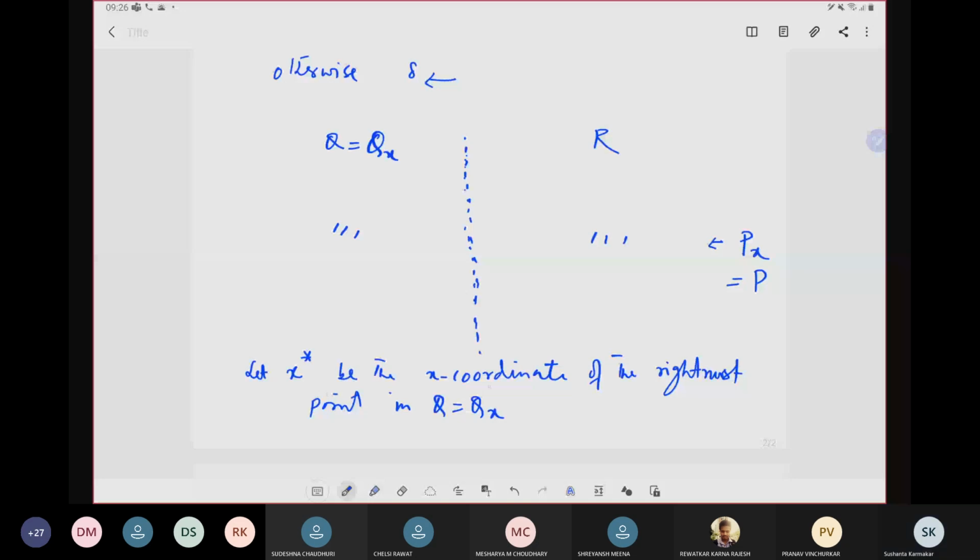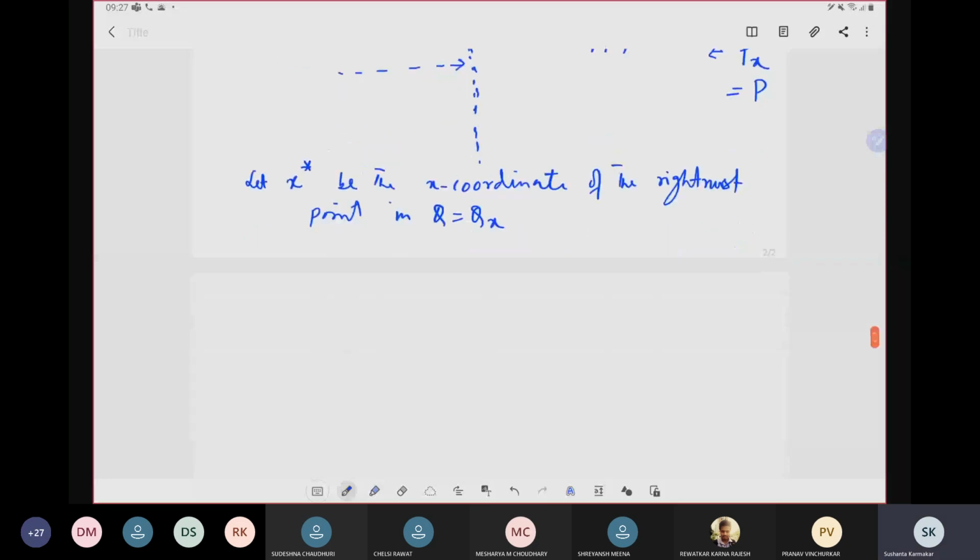Any point has two coordinates, x and y. So rightmost means the closest to this line, that is, the one with the largest x coordinate value. That means it is the last point in the x sorted list.